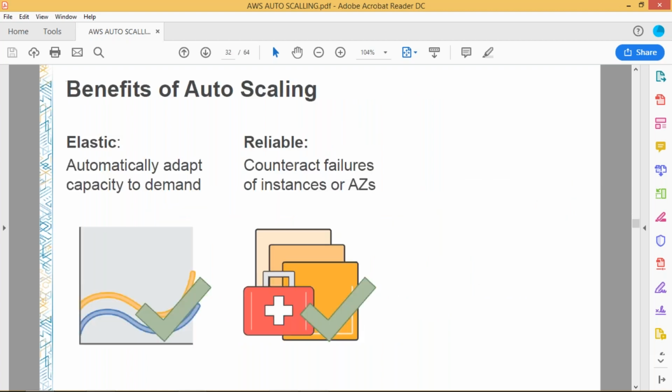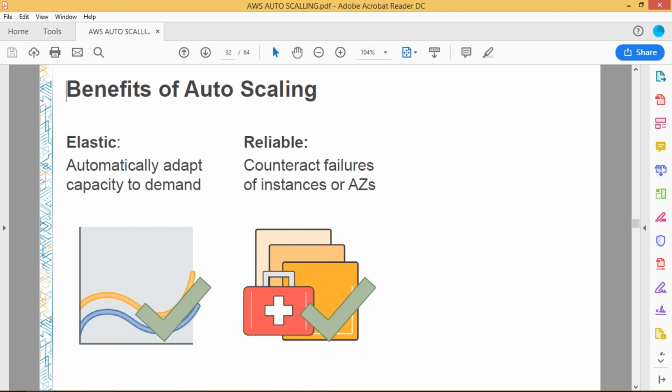Benefits of auto scaling and elasticity: we have reliable, fault-tolerant handling of instance failures across availability zones. Suppose you have provided different globalized availability zones. Suppose you are hosting your website in India, or you launch your website in US locations, and customers are coming from different geographical regions.